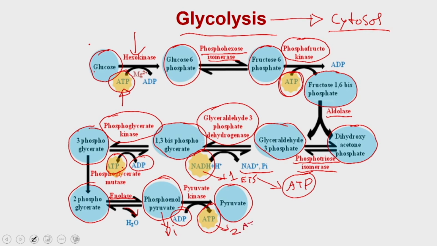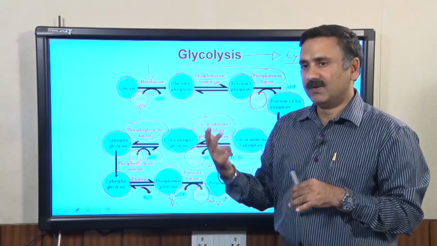Which means if you see the balance sheet of ATP production from glycolysis, you will see that you are gaining many ATP by spending 2 ATP in the first reactions.